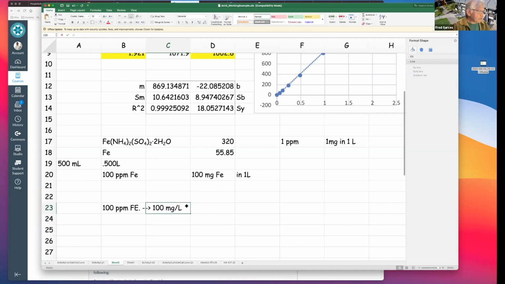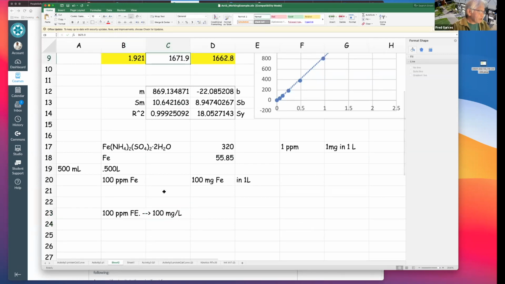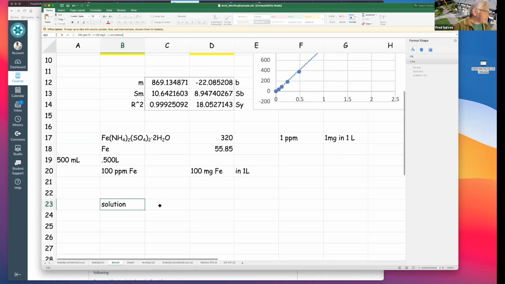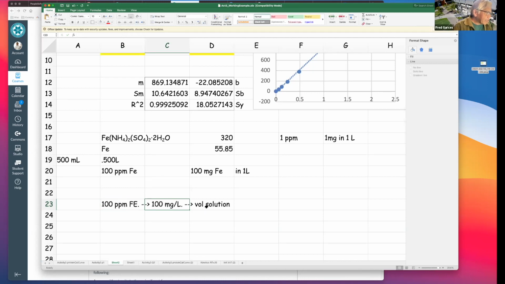Then from the volume, 0.5 liters, you're going to use the volume to get just milligrams of iron.